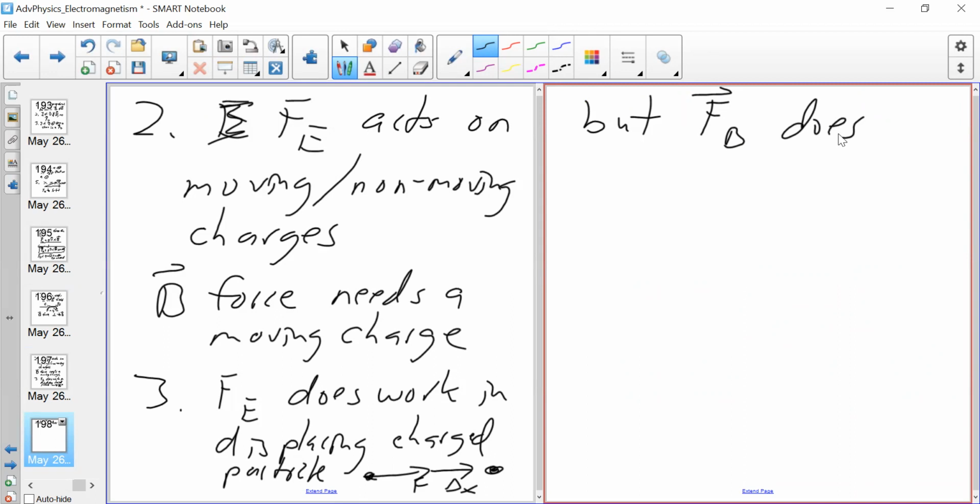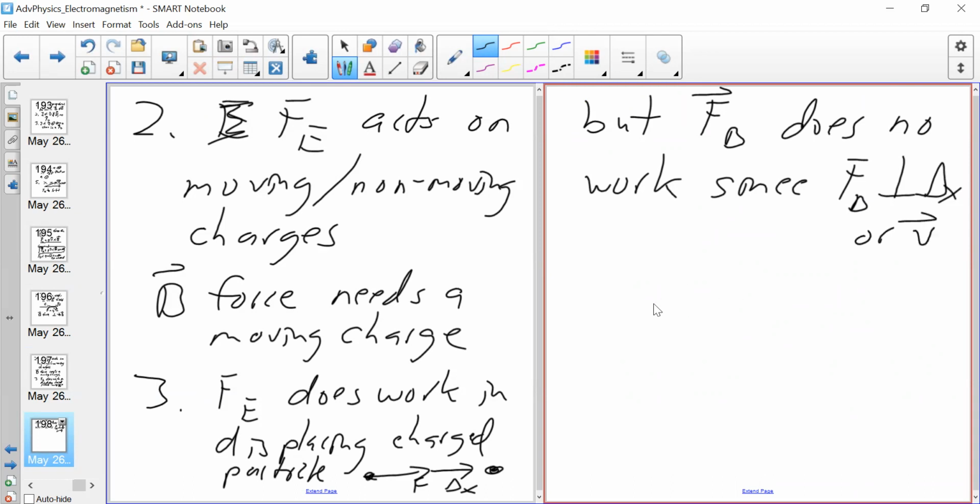So you're basically saying the same thing. The magnetic force does no work on the particle, and we're going to see an application of that. It does no work since the magnetic force is perpendicular to displacement.